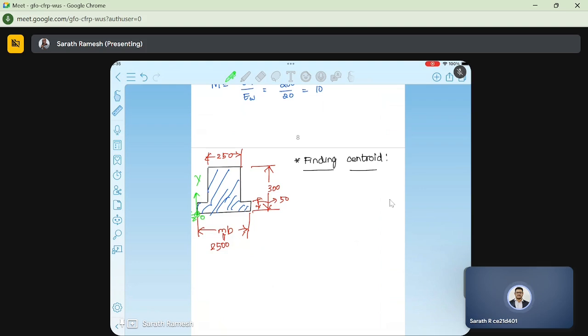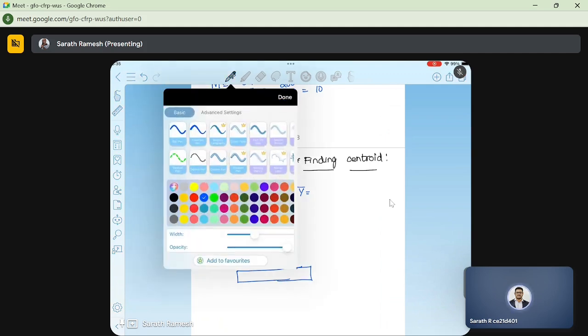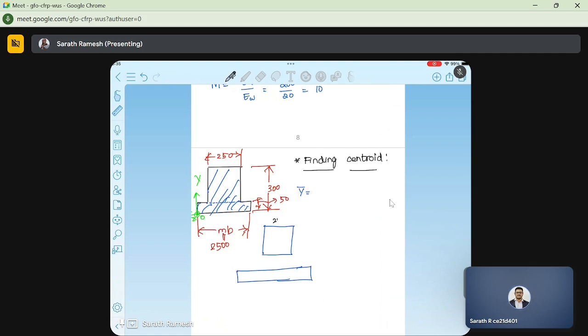Now, how to find the centroid? There are two areas, so I'll directly write the y coordinate of the centroid. Y bar: first assume this is my first area, and the second area is this. For the first area it is 250 by 250, and for the second area this is 50 by 2500.